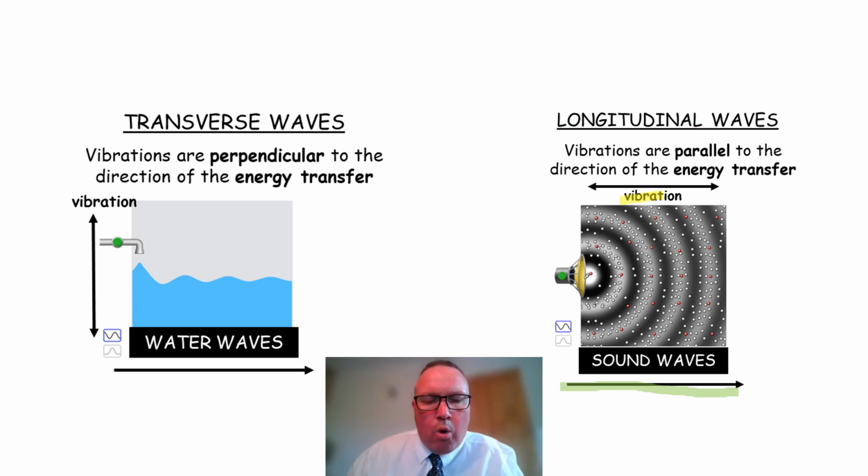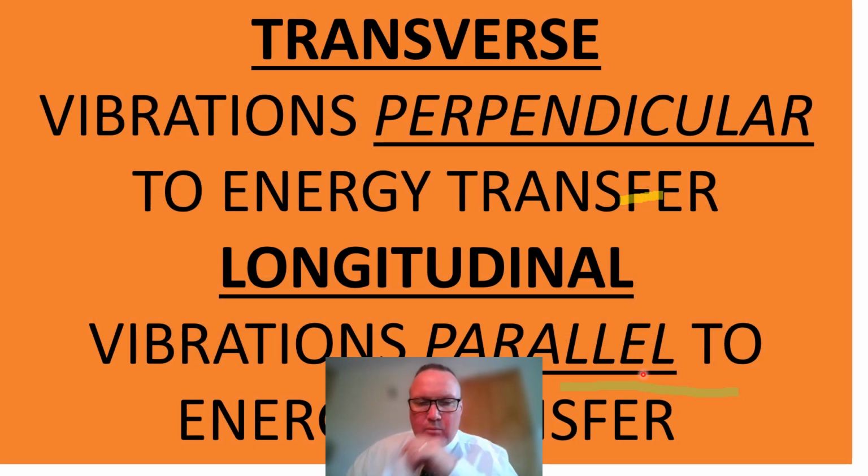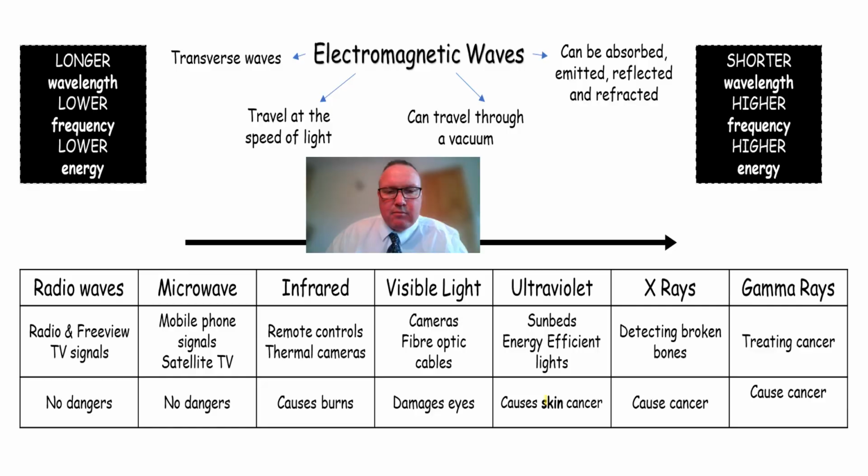Water waves are a good example of transverse waves, and a good example of longitudinal waves is a sound wave. So again, when we make a transverse wave, the vibrations are perpendicular to the direction of the energy transfer. When we make a longitudinal wave, the vibrations are parallel to the direction of the energy transfer.